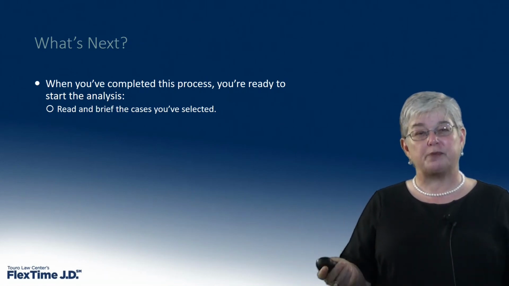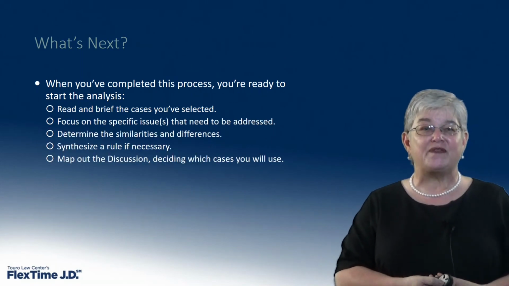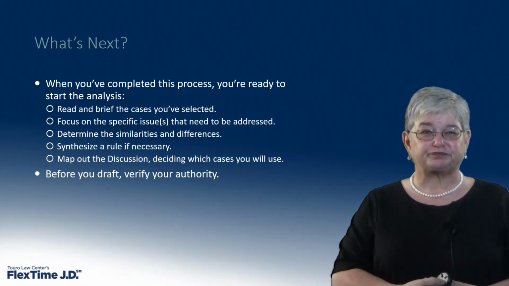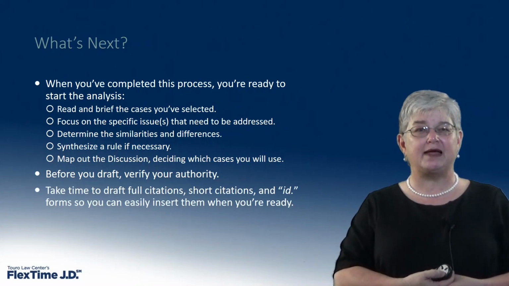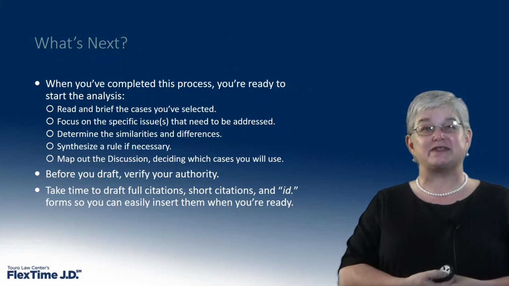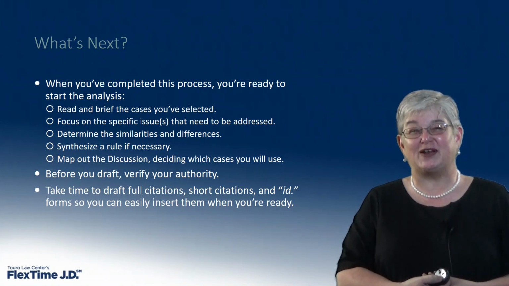And so you're going to put that entire process together. So don't forget everything that you have done thus far. So before you draft, you want to verify your authority, and that is the next step that we're going to take. And then you'll be done with the research completely and ready to start analyzing and drafting.